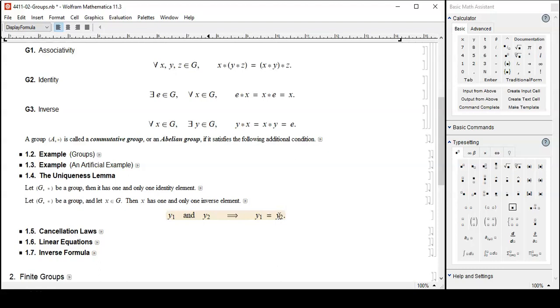Okay, that's what we want. And of course, we have to prove using this, the property of inverse. So how do you prove this?